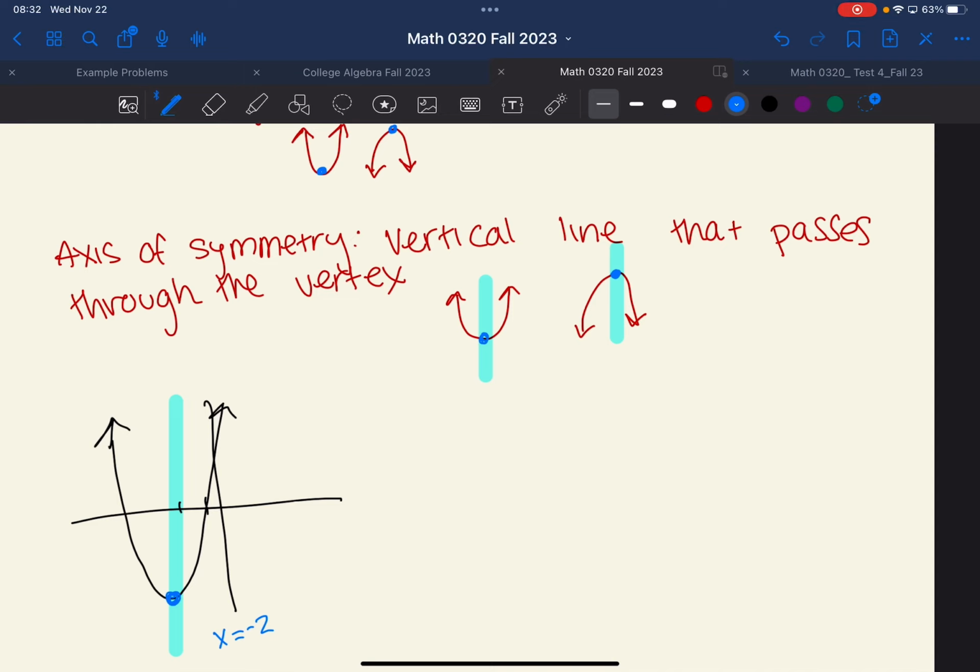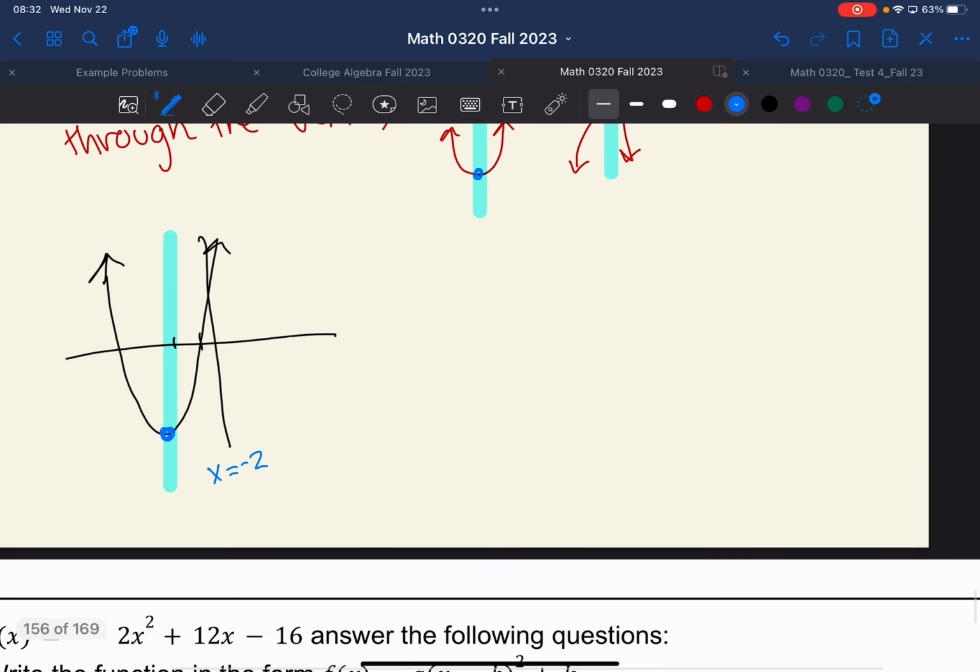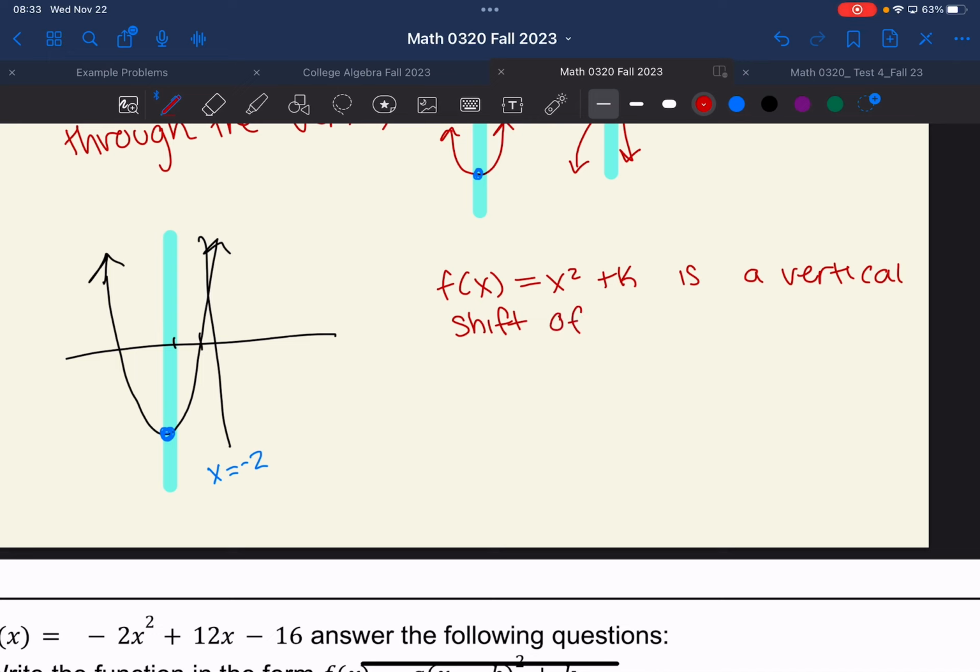So it says a function of the type f of x equals x squared plus k represents a vertical shift of f of x equals x squared. So I'm going to write that. f of x equals x squared plus k is a vertical shift of f of x equals x squared.